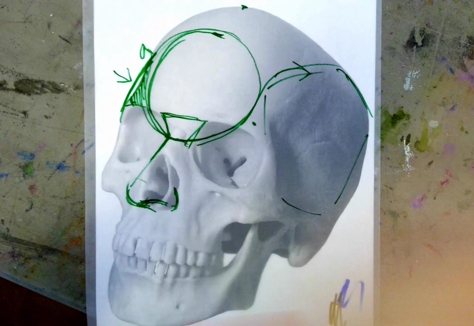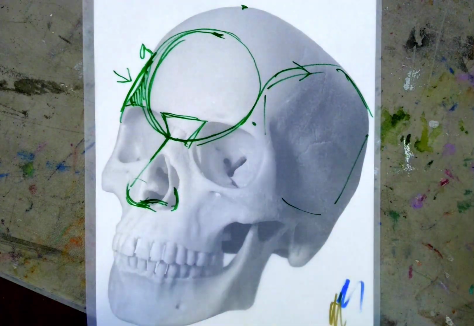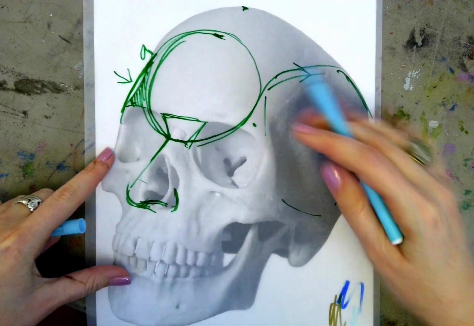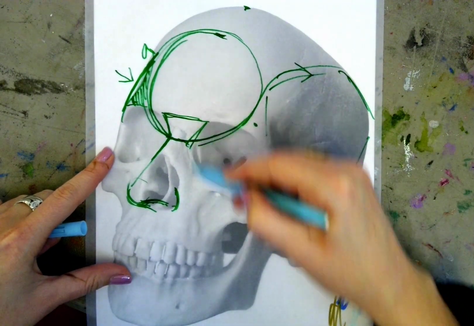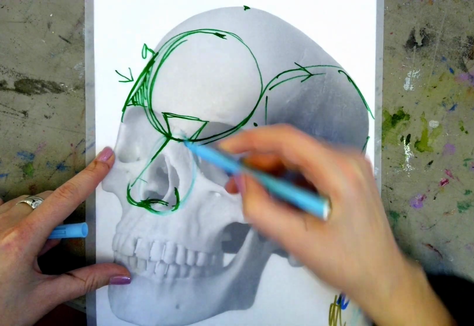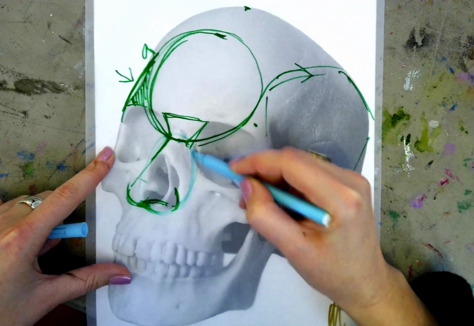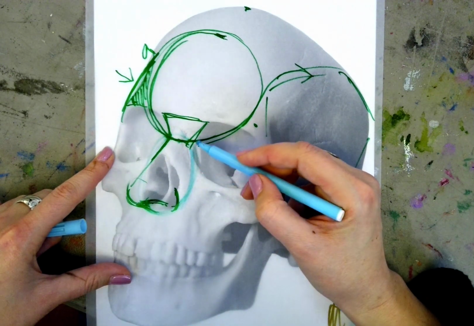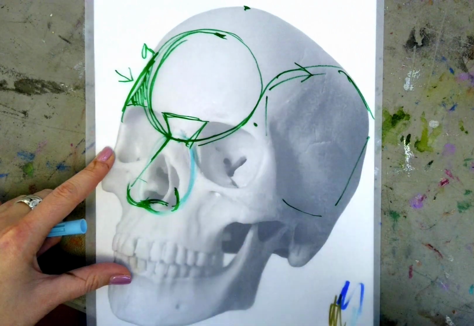Probably do a different color so you guys don't get confused. Something lighter. So here's that edge of the nasal bone. Remember, it comes all the way out.